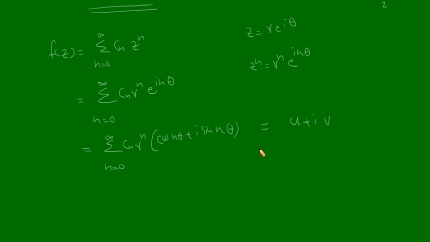Then if you separate the real and imaginary parts, u, that is the real part, u r theta, is equivalent to summation n is equal to 0 to infinity Cn r raised to n cos n theta, and v r theta, that is the imaginary part, is equal to summation n is equal to 1 to infinity Cn r raised to n sin n theta. Okay, so these two are said to be Fourier cosine and sine series.